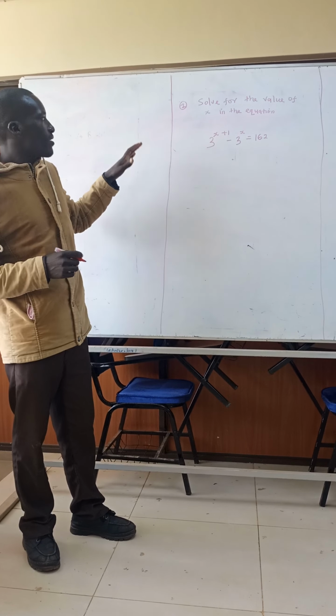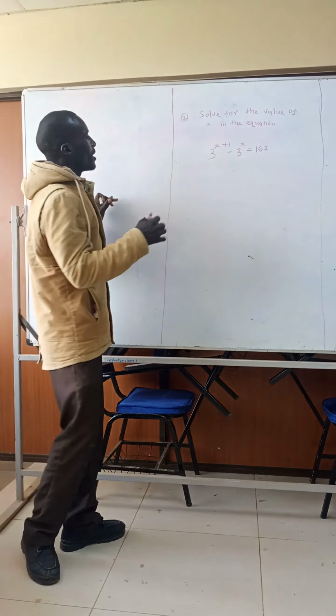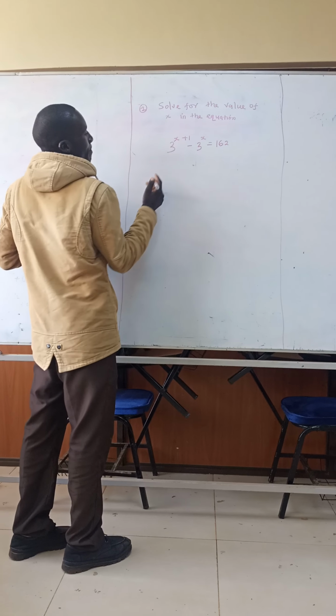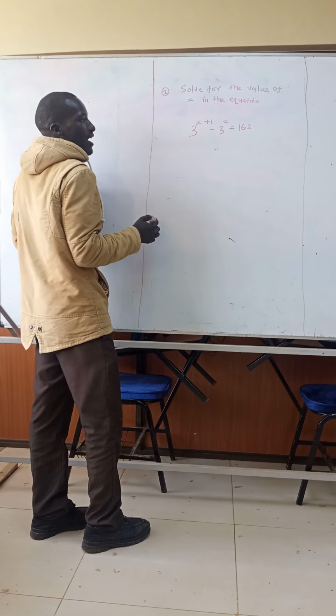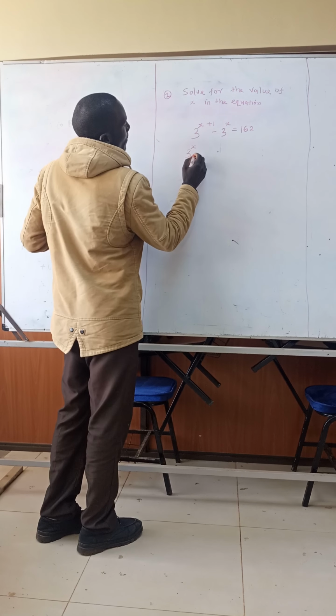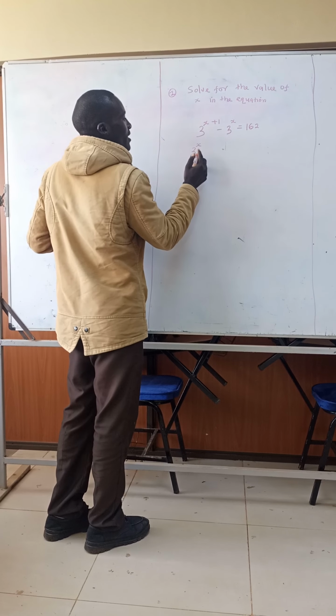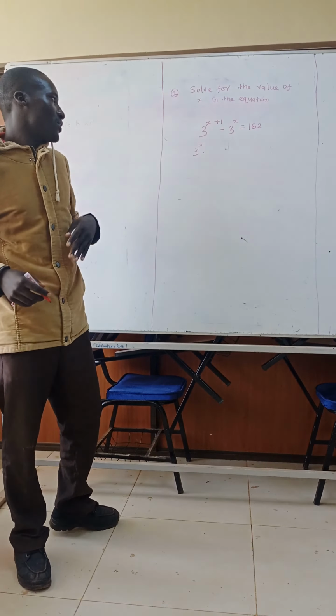For us to find the value of x in this equation, the first step that we will take is to break down this power to base 3. And we shall have 3 raised to power x times, because this is plus, so we will have times. This dot means multiplication.